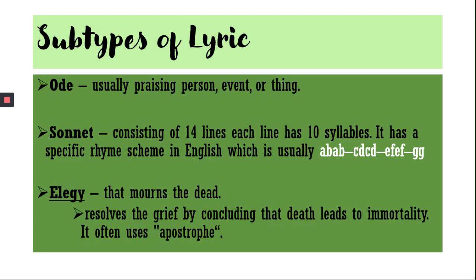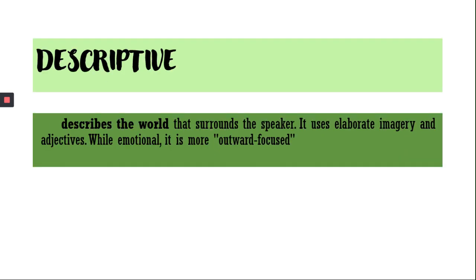The last type of poetry is descriptive poetry, which describes the world that surrounds the speaker. It uses elaborate imagery and adjectives. While emotional, it is more outward focused. For the readers to identify your emotion, your thoughts, status, or situation, you have to give emphasis on what is around you.